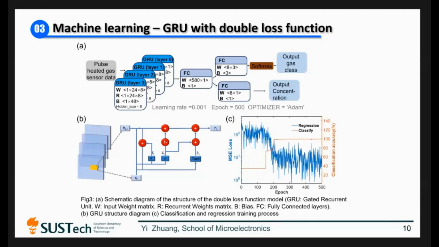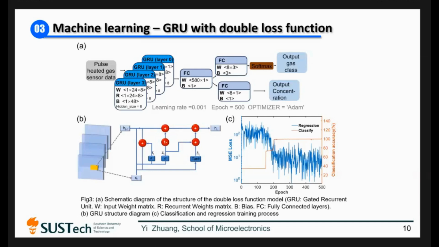Figure B shows the GRU structure, and Figure A shows the general structure of the GRU with double loss function. It contains four GRU layers and three fully connected layers. The power signals are modeled in such a way that gas type and concentration information can be directly obtained.